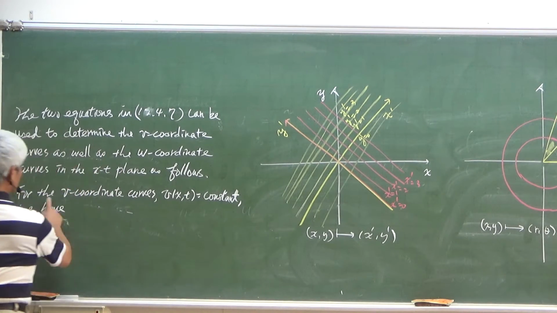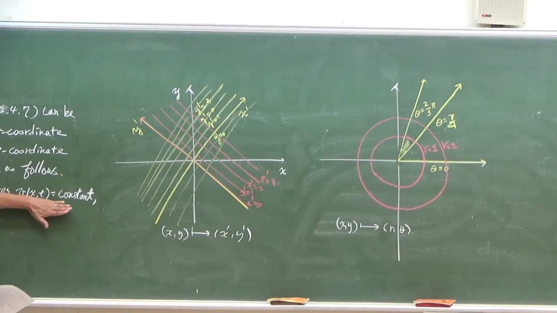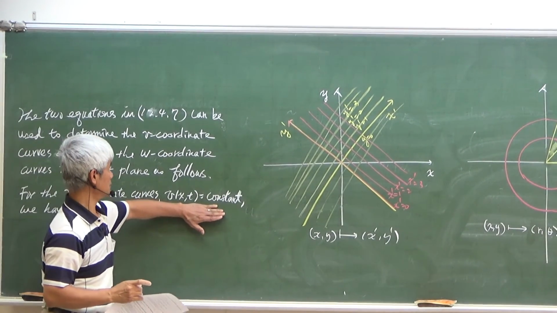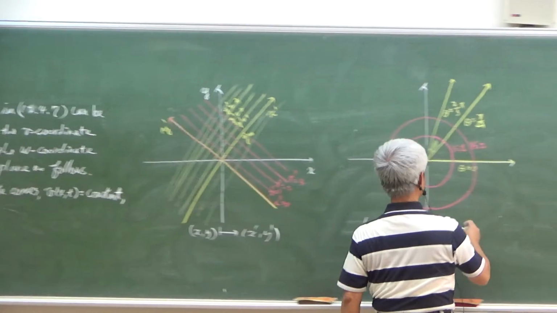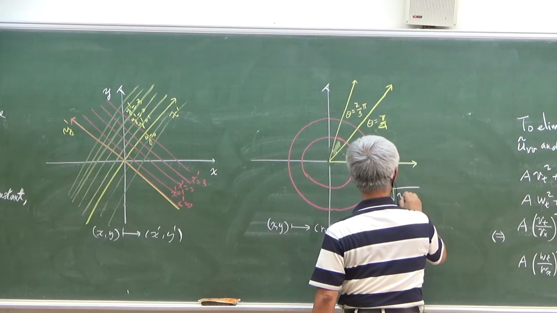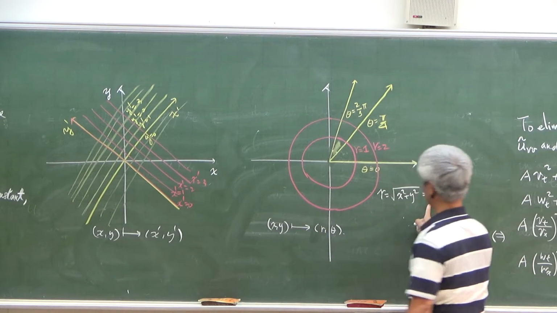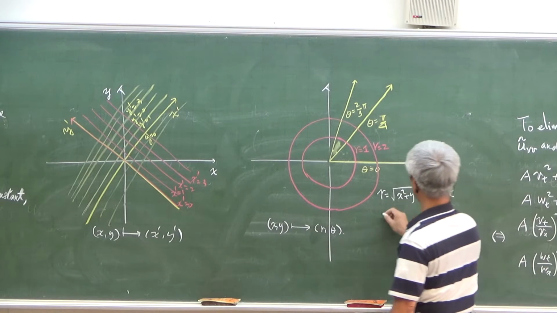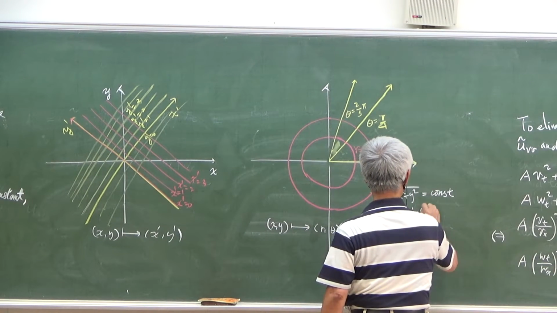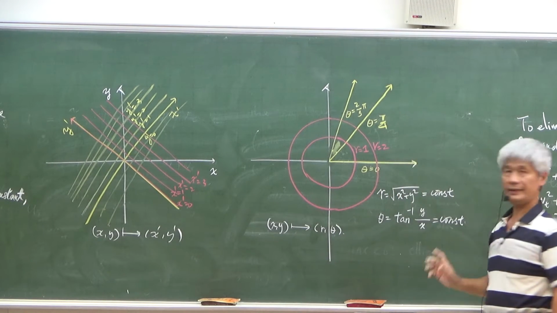And for the V coordinate curves, we know that it should be constant, just like here. R is going to be a constant, and theta, the arctangent, is a constant.